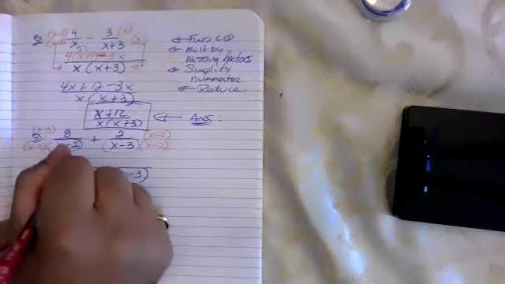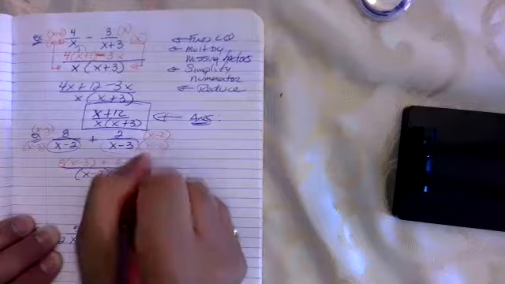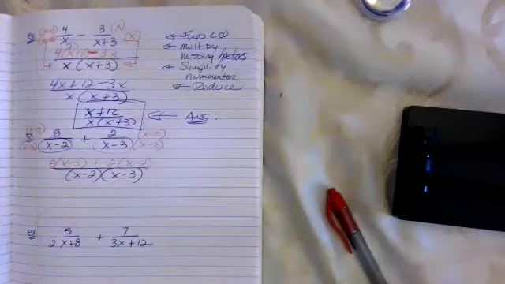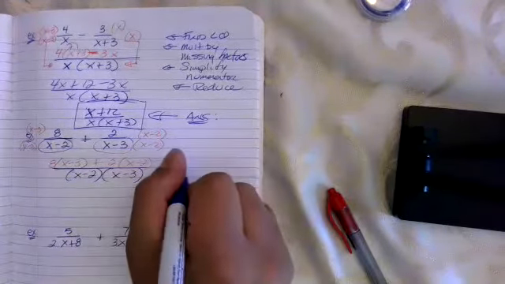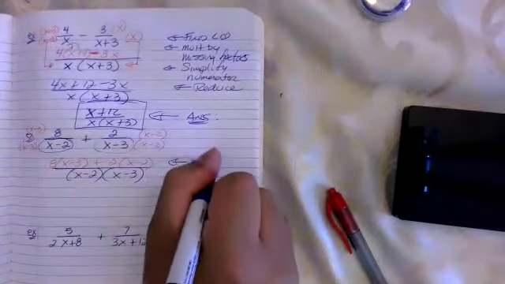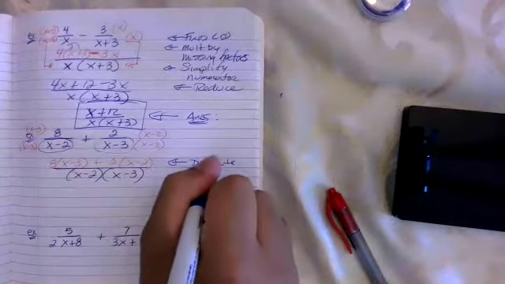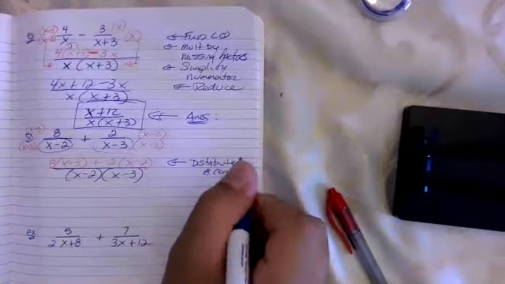So I have 8 times x minus 3 plus 2 times x minus 2. And now I could distribute and combine my numerators.